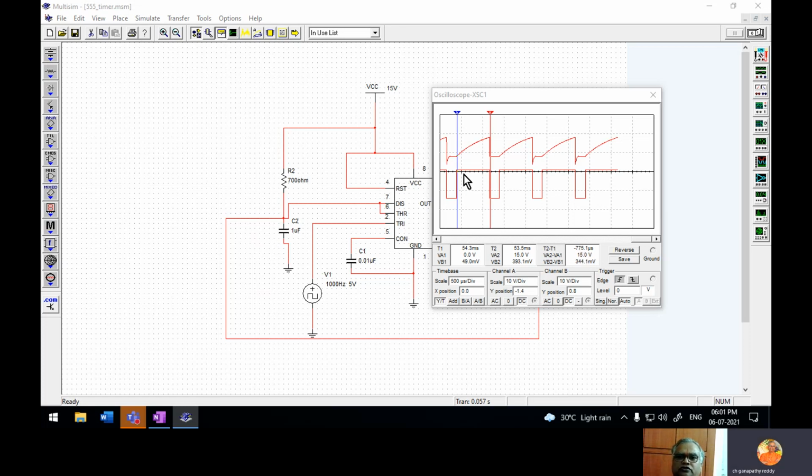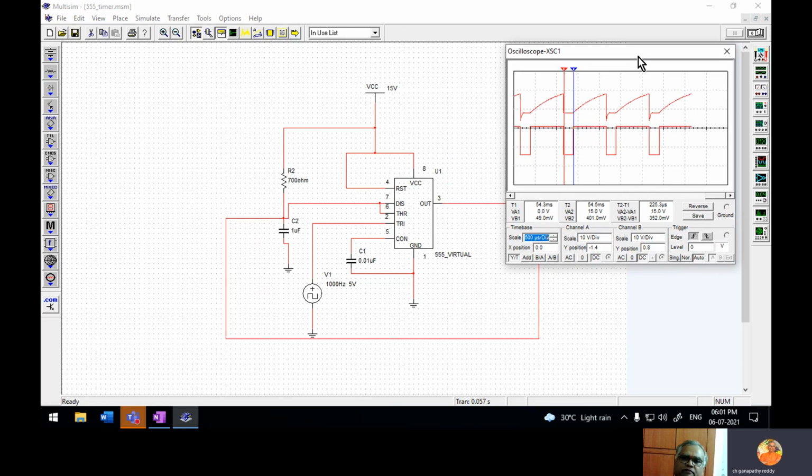We got 775. If you adjust, you will get around 770 microseconds. That's what we designed, and we got the same. This is the monostable gap. What is the remaining? This is the total period, as we applied a trigger of 1K, which means 1 millisecond. So 1000 minus 775 is 225. The remaining 225 is the stable state. 770 is the unstable state. So it is a monostable.